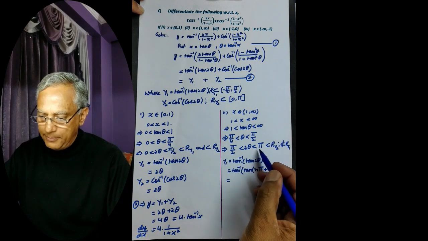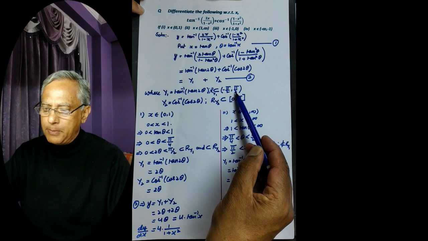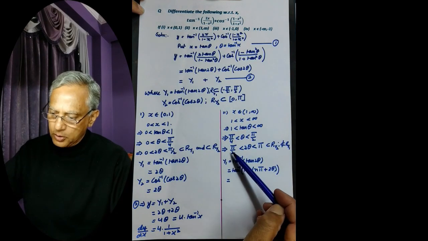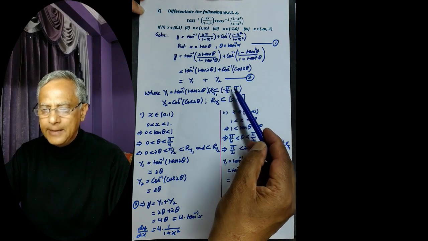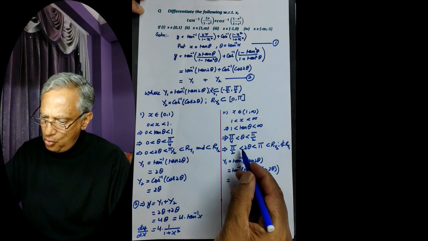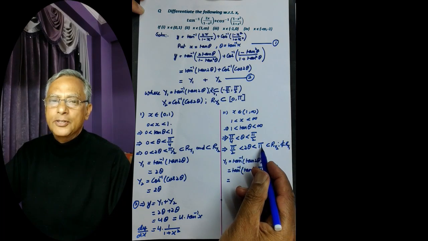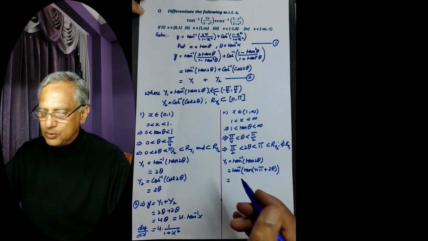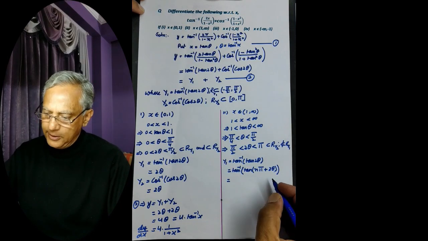So this will be within the range of y1, that is minus pi by 2 to pi by 2, because we are having the interval minus pi by 2 to 0, which is within this. So this is within the range. So n equal to minus 1 is the correct value.